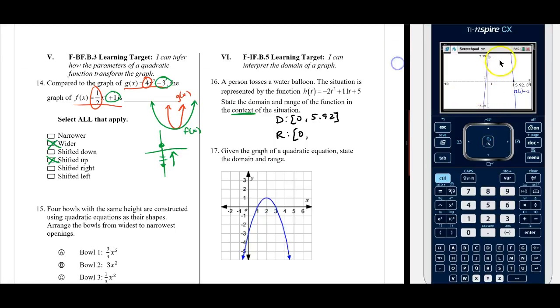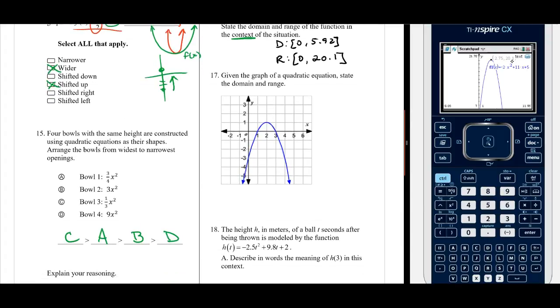So I'm going to find the maximum, menu, analyze graph, maximum, left, right. My maximum is at, looks like 20.1. So my range goes from 0 to 20.1 feet in this context.